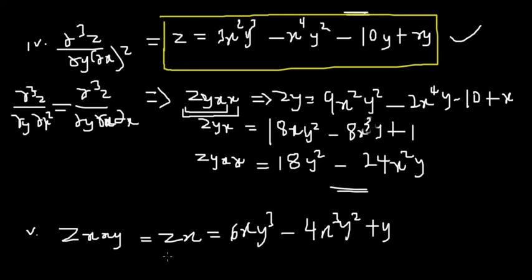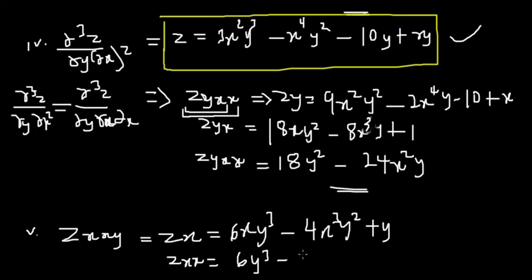Now let's take z_xx. For z_xx, we are partially differentiating with respect to x again. So we have 6, and this will give us 6y cubed. Again, in case you've forgotten how to differentiate, you could go back and take a look at our video on differentiation, or any video you could find on differentiation.